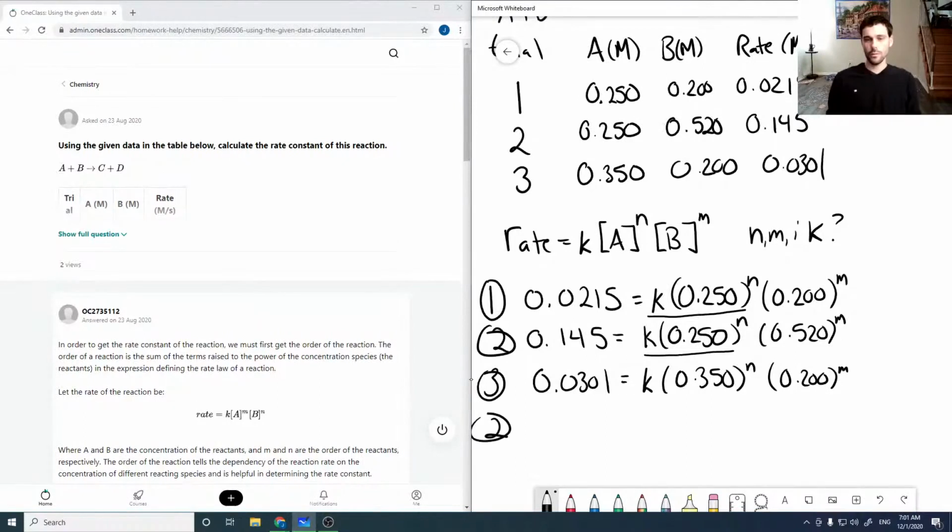So 2 divided by 1 is 0.145 over 0.0215 equals K. I'm just going to write them out completely so you can see.